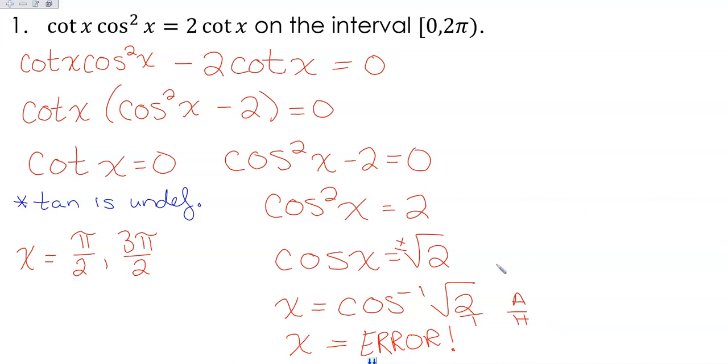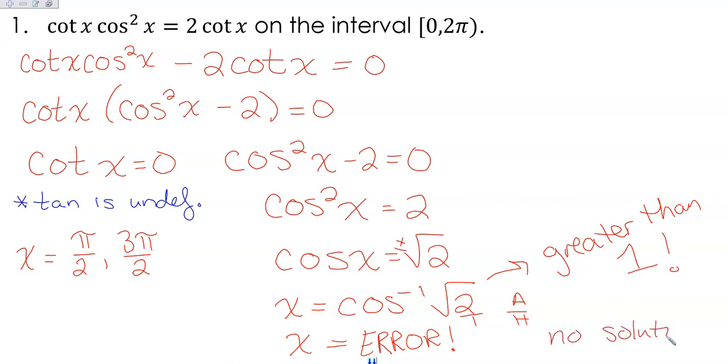So anytime your sine or cosine is greater than 1, we know that there's going to be no solution for that part of my equation. So my only solutions are the solutions for the cotangent. All right? All right, so let's take a look at another one.